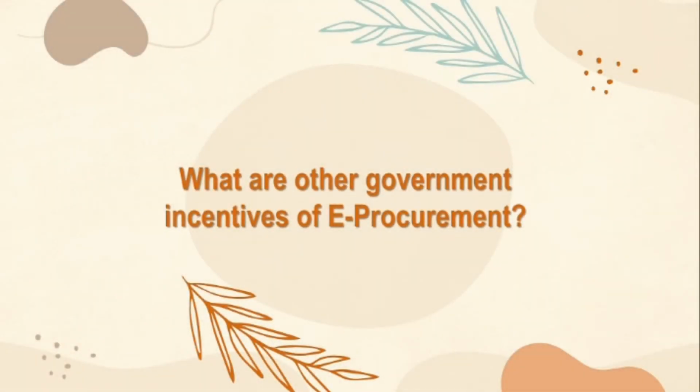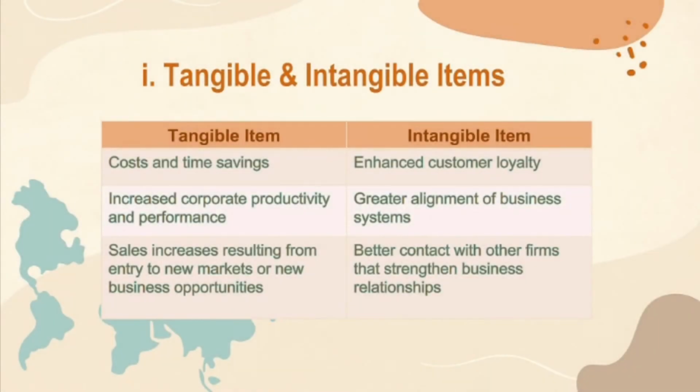What are other government incentives of e-procurement? The first one can be divided into tangible and intangible items. So for tangible items, it will be cost and time savings. It will increase corporate productivity and performance.